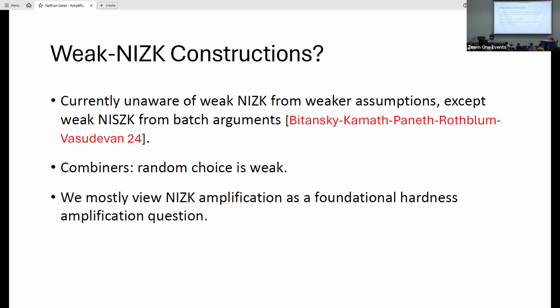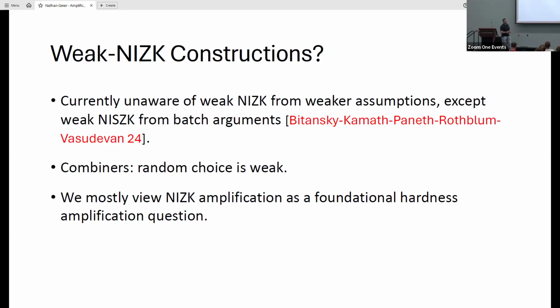But still, I want to say that in some sense, weak NISQ always comes up naturally, for example, in the setting of combiners, because let's say, for example, that you give me 3 NISQ candidates, each of them based on a completely different assumption. And I want to combine them into one candidate such that even if one of the assumptions is false, it will still be secure. So one way I can do that is just pick one of them at random. Then I get a weak NISQ, which I can amplify. So an amplifier always gives you a combiner, which I think is natural to think about.